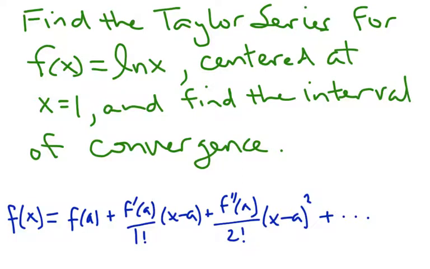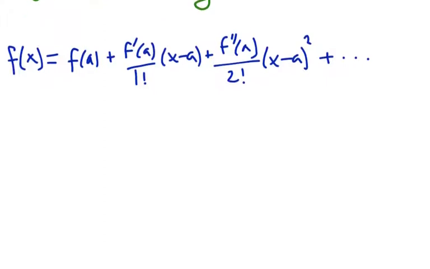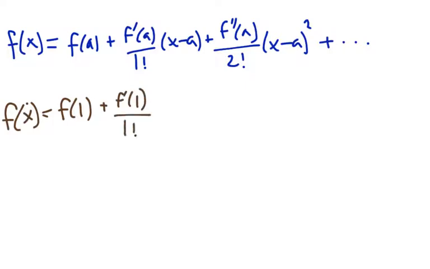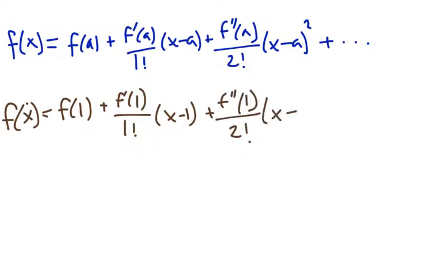So for the problem that we're currently dealing with here, we know some things already. This is going to be f of 1 plus f prime of 1 over 1 factorial times x minus 1 plus f double prime of 1 divided by 2 factorial times x minus 1 squared, and so forth on down the line.